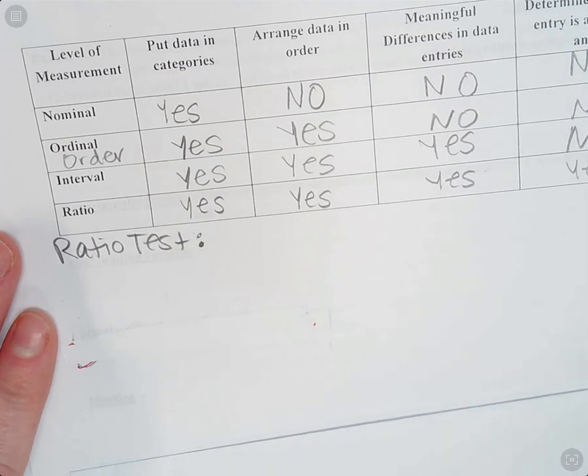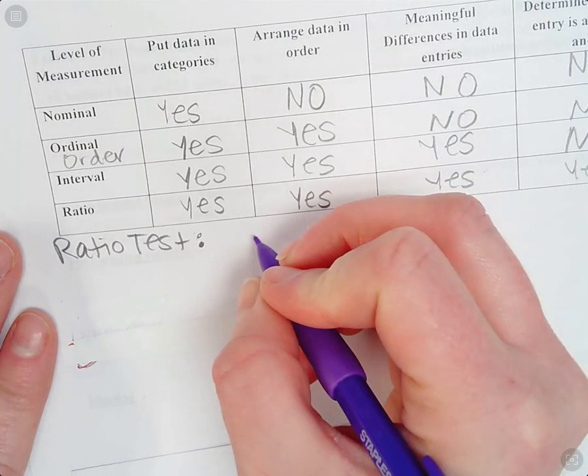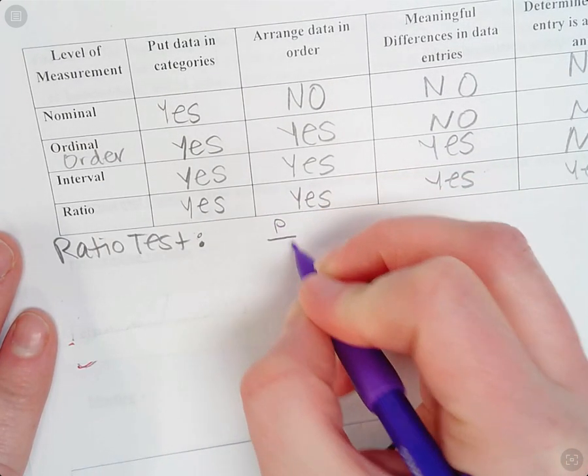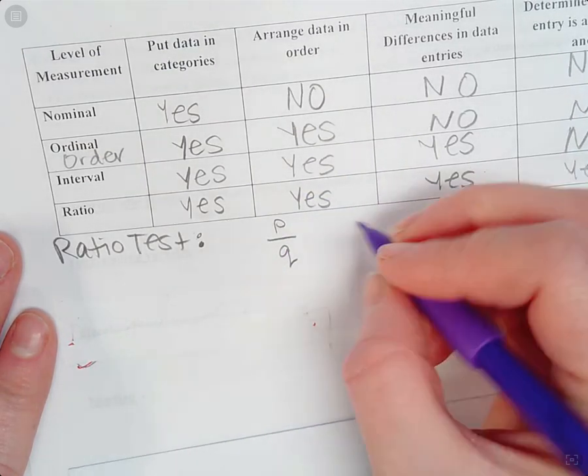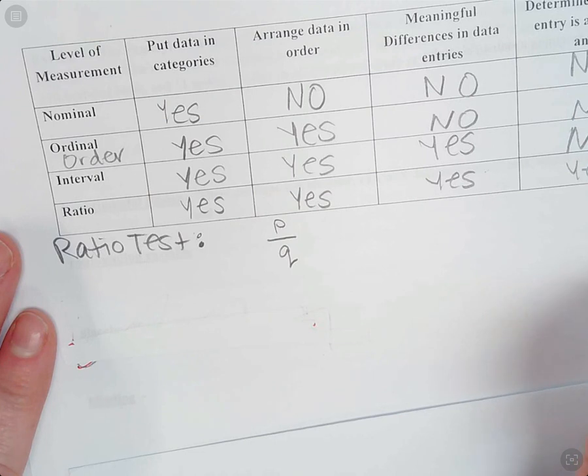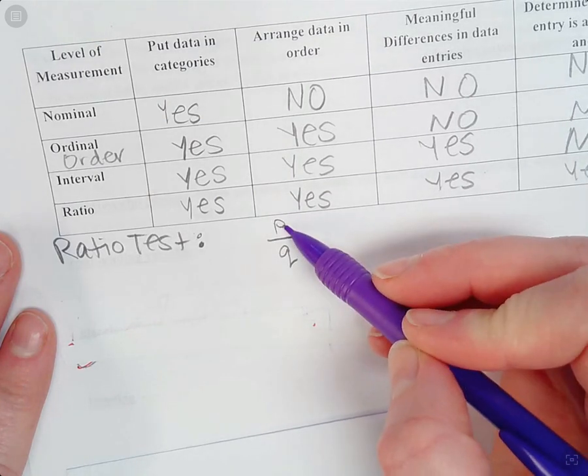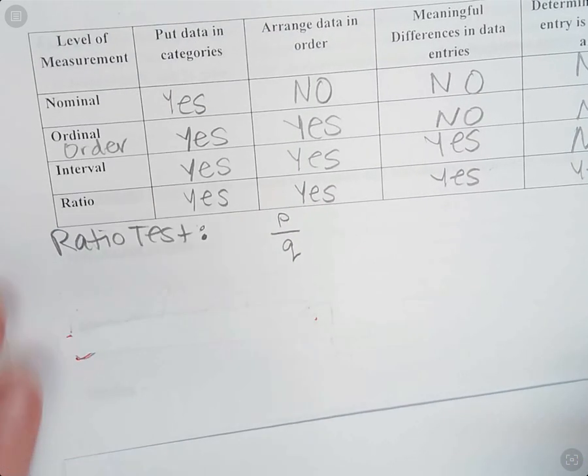Y'all remember from back in what, 7th grade when we learned about ratios? 6th grade maybe? A ratio is P over Q. P and Q are just regular whole numbers. If you can write them as a fraction like that with one over the other, then that's considered a ratio.